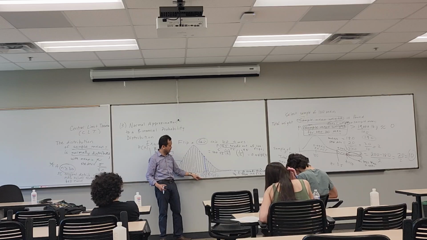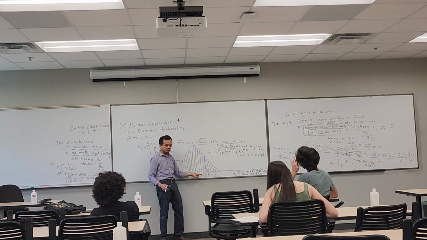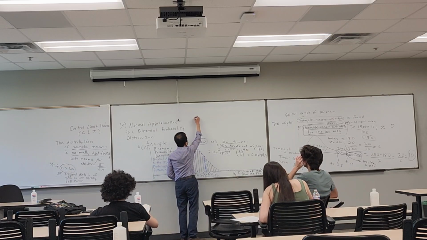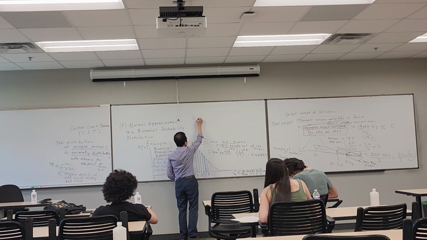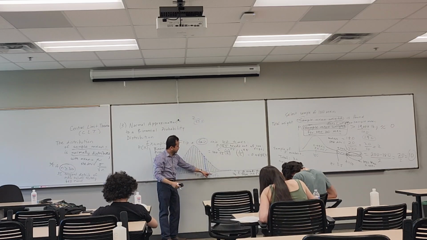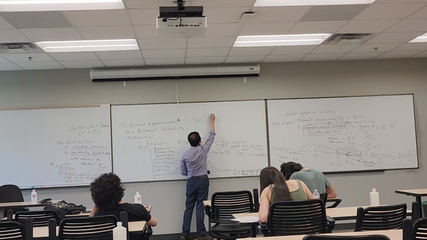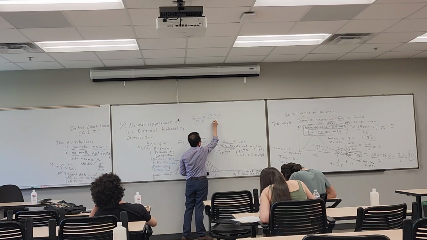And to do that, we're now going to find the z-scores of each of these boundary values around 55. So the z-score of 55.5 is going to be this data point minus the mean, divided by the standard deviation.